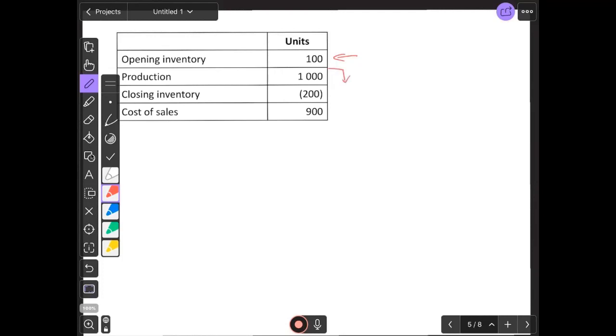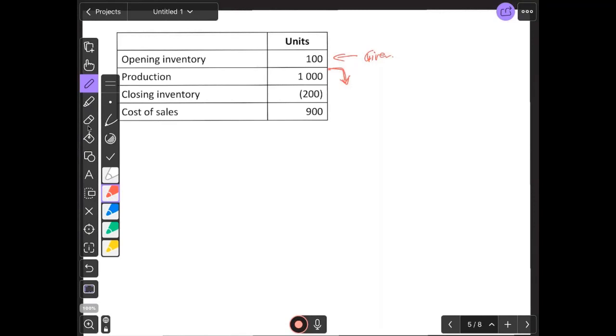It will be new costs. So your closing inventory will be at the new price. Whereas if it's weighted average, again, the cost will be given, and the new production costs will be added to the opening inventory and then divided by the units to get to the closing inventory. So go and practice that, the first in, first out, and weighted average for absorption costing.